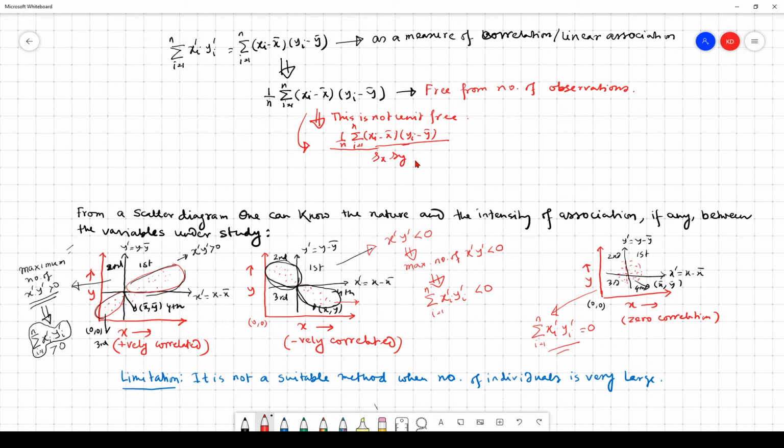Why do I divide by SX, SY? Because SX and SY do not change the sign of this measure, that is the direction of this measure. So I choose SX, which is the SD, standard deviation of variable x, which is always positive, and SY is the SD of variable y.